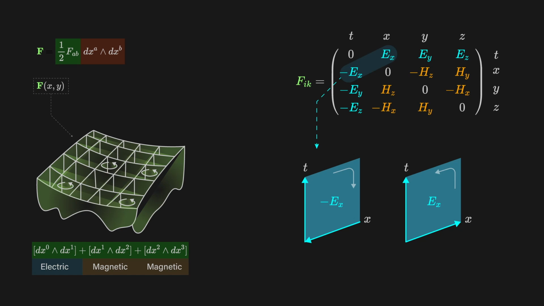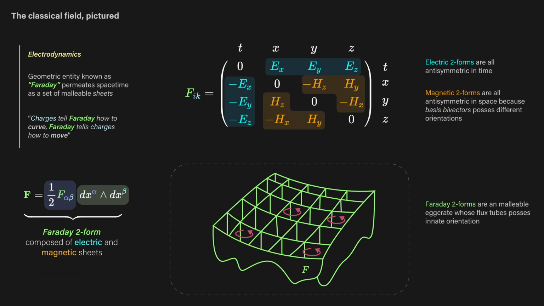So you can also see them as bivectors, and the bivectors have an orientation associated to the time and the space they're in. So Ex, Ey, Ez. But we also have minus Ex, minus Ey, minus Ez, because we also have the bivectors that are not T wedge X, but maybe X wedge T, which is the negative of the previous bivector. So we end up with 6 contributions of the electric field.